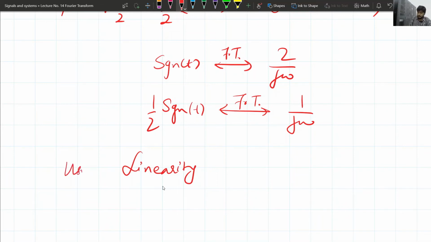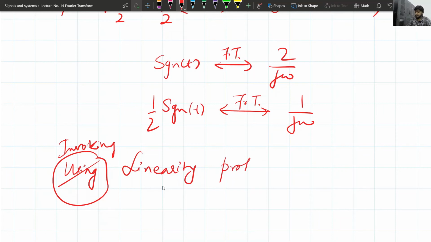Invoking the linearity property, let's say this is equation number 2.